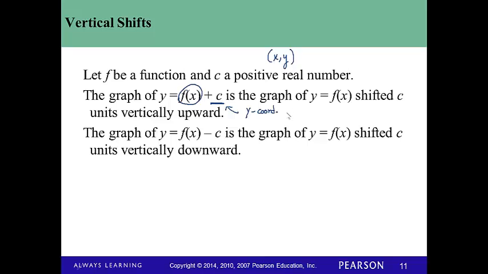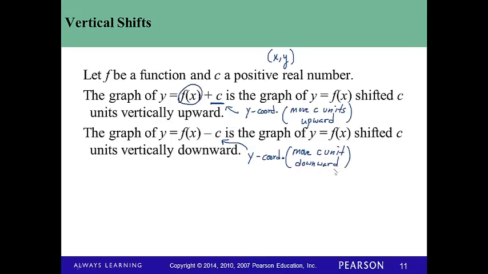You're going to shift c units up. So you're going to move c units upward. And then if you were subtracting c, you would change the y coordinate by moving c units downward.